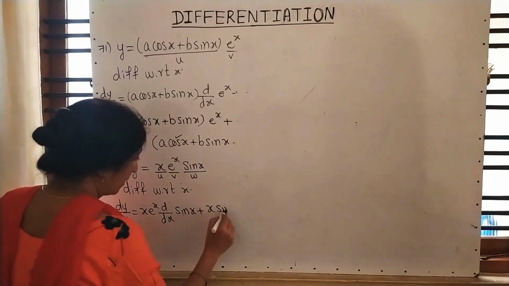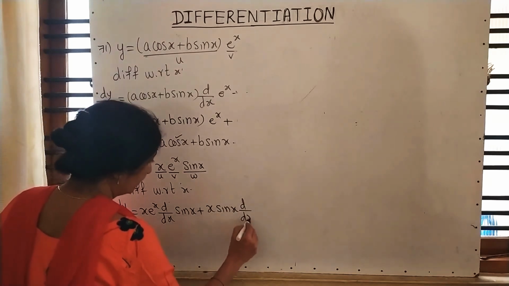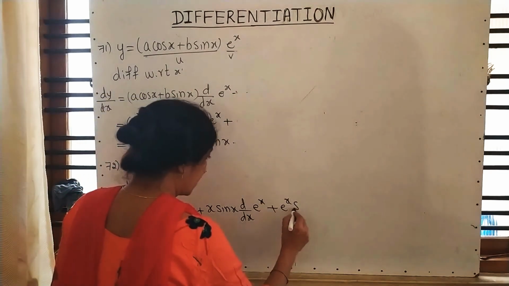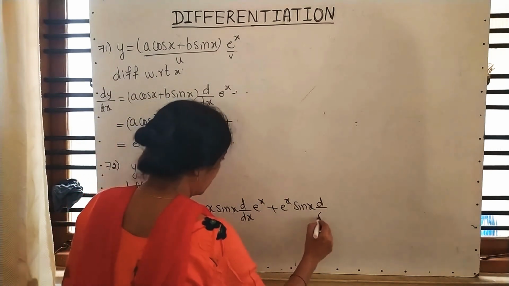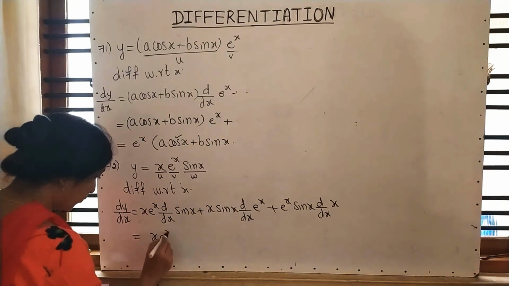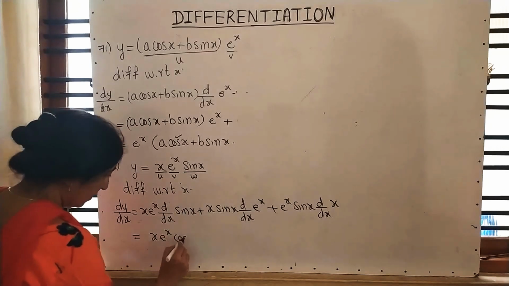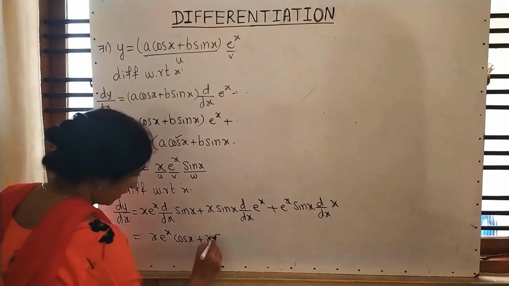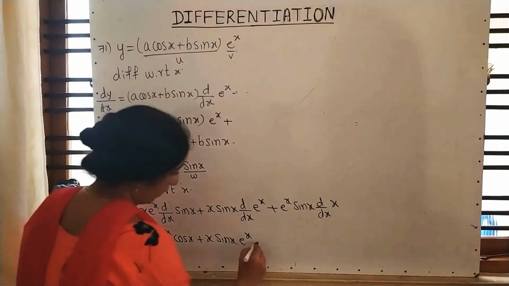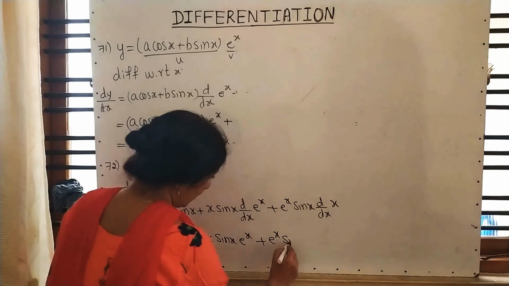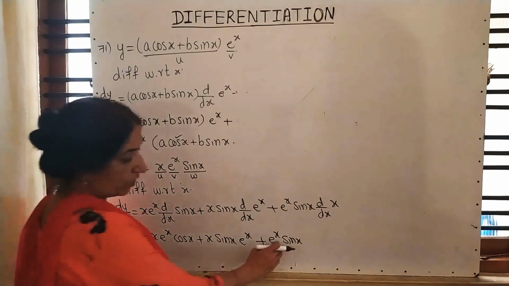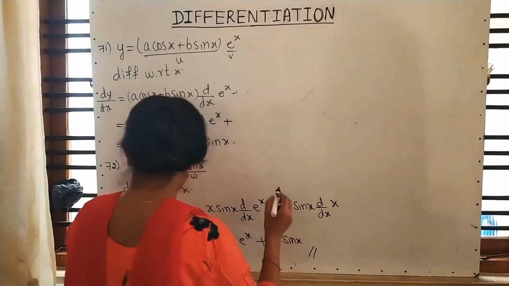Now I am writing x sin x, differentiating e raised to x, plus e raised to x sin x I kept as it is, differentiation of x. x e raised to x as it is, differentiation of sin x is cos x, plus x sin x as it is, differentiation of e raised to x is e raised to x, plus e raised to x sin x as it is. What is the differentiation of x with respect to x? 1. No need to write that. And this is the final answer.